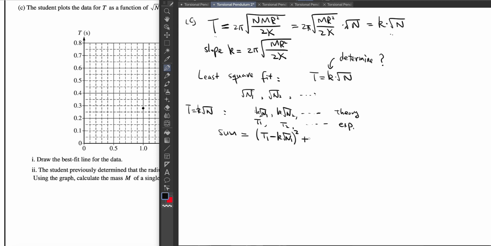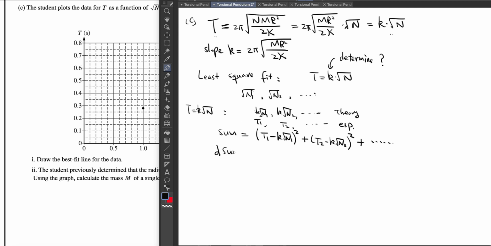The reason for that is because sometimes k square root ni is greater than Ti, and sometimes k square root ni is less than Ti, and we want to minimize that difference. So that's why I want to square them, so the quantity here is always positive. So you're going to write out all these terms, all these data points, and then sum them together. And then later on, you want to minimize that.